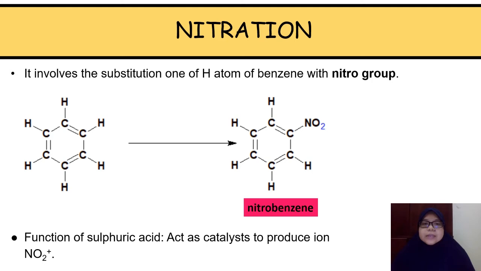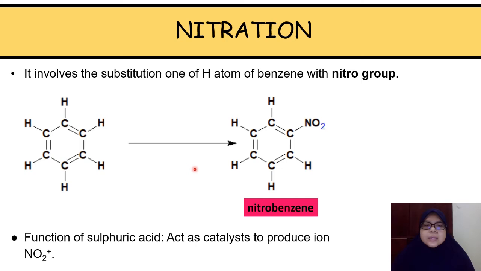So we look at the first reaction, which is nitration. This involves the substitution of one of the hydrogen atoms of benzene with a nitro group to become nitrobenzene. So this hydrogen is replaced by a nitro group to become nitrobenzene.